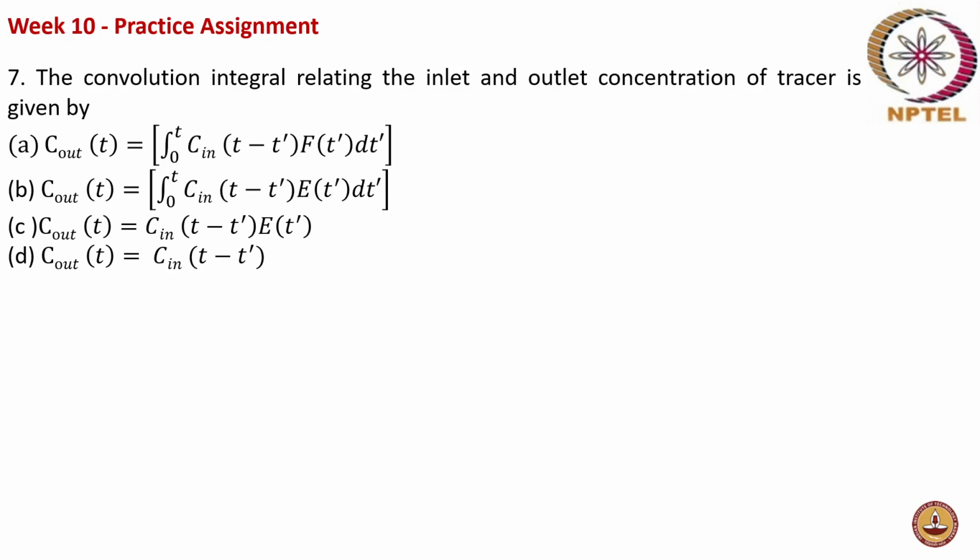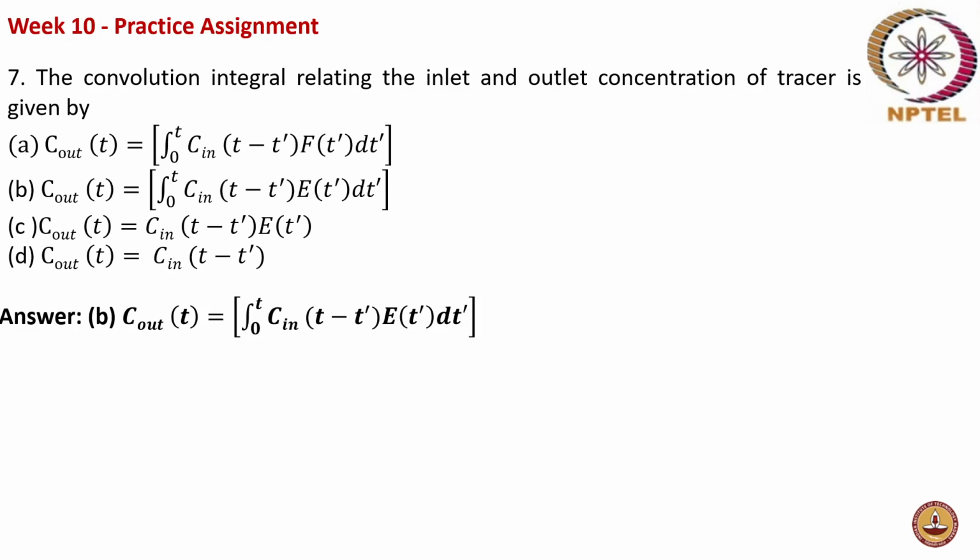So, the answer for this is option B. It is concentration at the outlet at time t is equal to integral over 0 to t C in (t minus t prime) into E of t prime into dt prime.